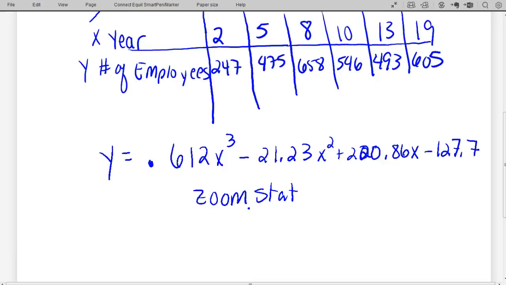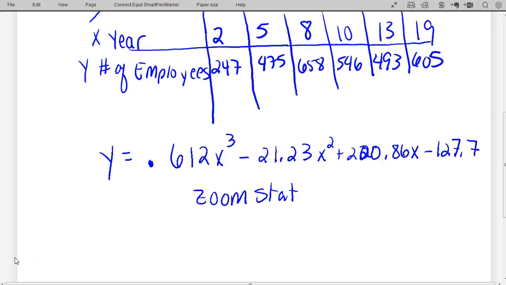So find the value when x is 25, and what I am getting is, let's see, 1,404.7. So check your work and make sure that is correct.